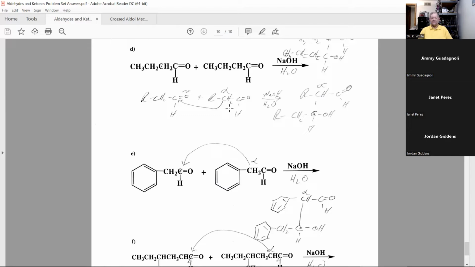You have acidic protons, base and water, sodium hydroxide is base. You form the enolate anion, you remove one hydrogen that attacks, bonds to the other carbonyl of the other aldehyde, and it opens it up to an alcohol.